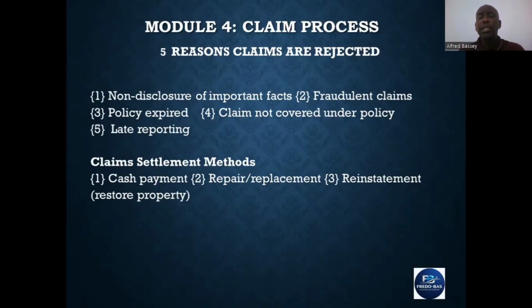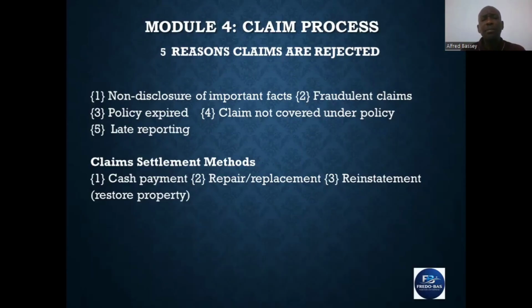For example, if the policy was from January of a particular year and was supposed to end in December, and the event occurs in January or February of the following year, then it's not under cover and the claim will be rejected. Number four, claims not covered under the policy. For example, if it's a fire insurance policy and the loss is a flood, and flood is not stated in the policy document, it will not be paid. Then, when you submit a late report, it's a time-bound period, so it will not be settled.